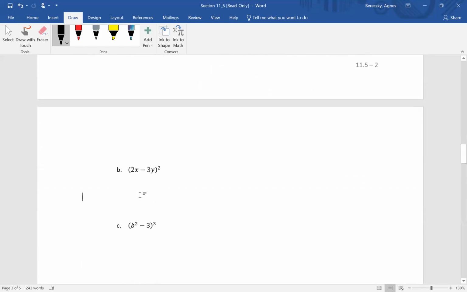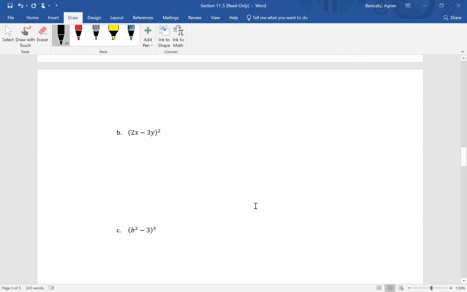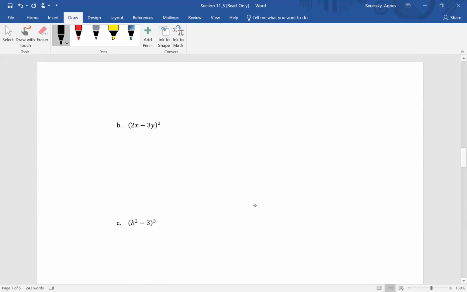Let's look at our second example. Again, this is the relatively easy one. To the second power, so 2 choose 0, then we have 2x to the first power and 3y to the second power.